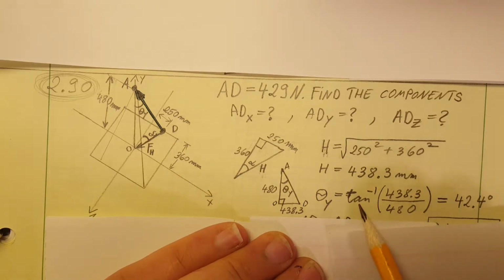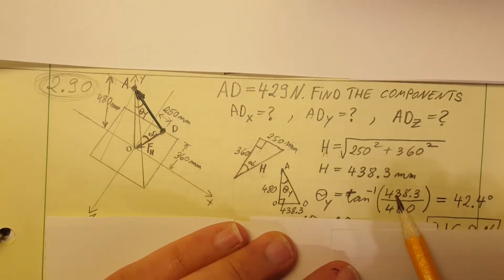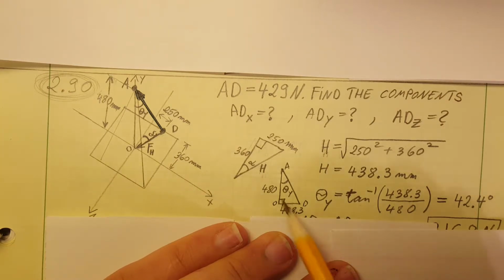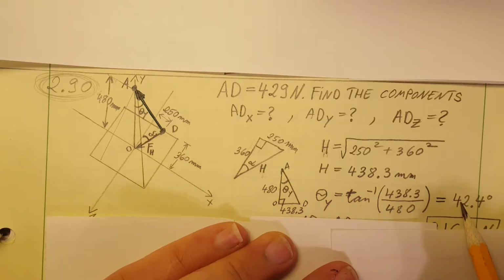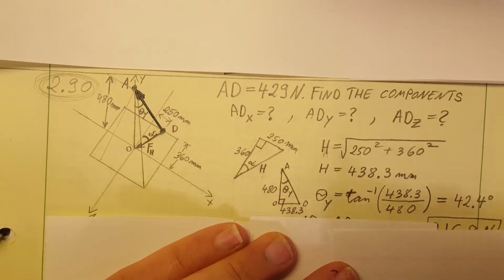For this we're gonna use tangent inverse, 438.3, which is this one, over 480, which is this one, opposite over adjacent. We are working with this angle. Calculator is going to give us 42.4 degrees.